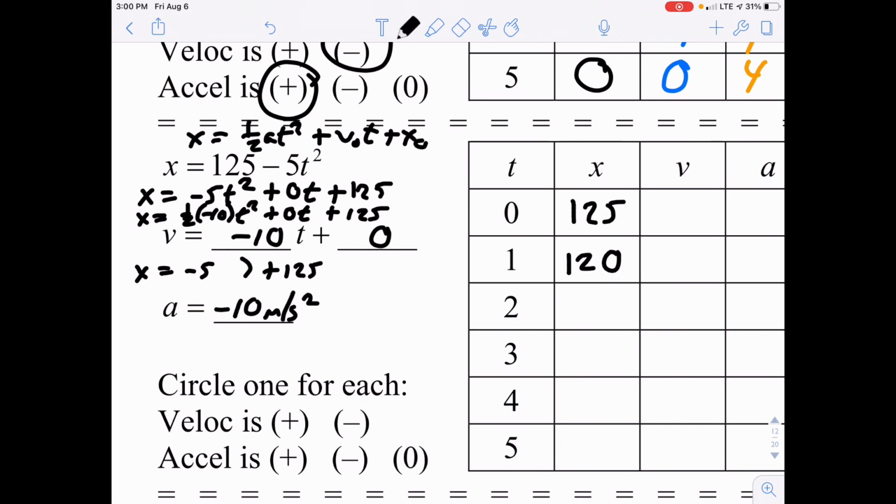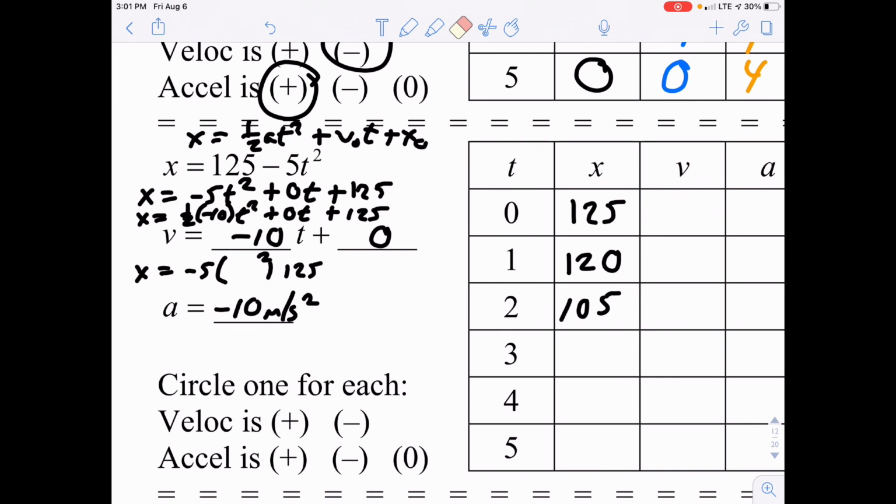Then if I keep going with this pattern, plug in 2, so negative 10 plus that would be, now we're down to 105, right? You see the pattern here. Negative 15 and, oh, I'm sorry, I forgot to square. So let me back up. 2 squared is 4 times the 5 is negative 20 plus the 125 is 105. That's how we get that.